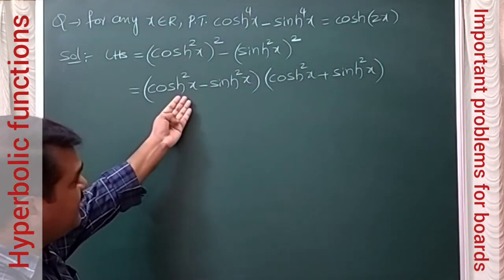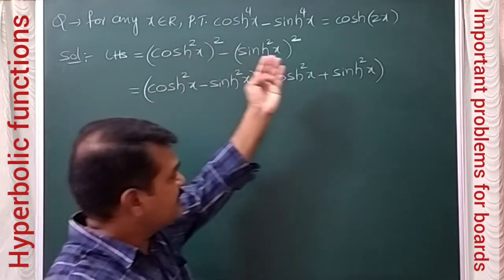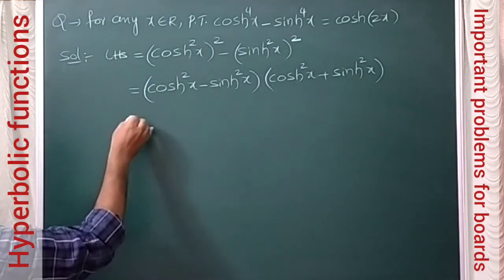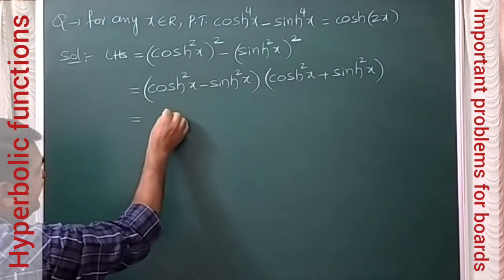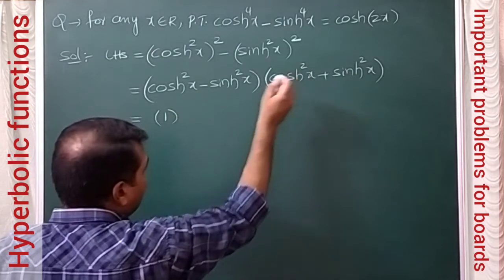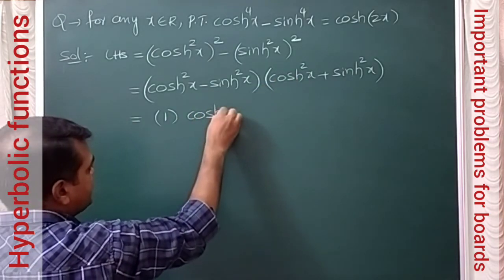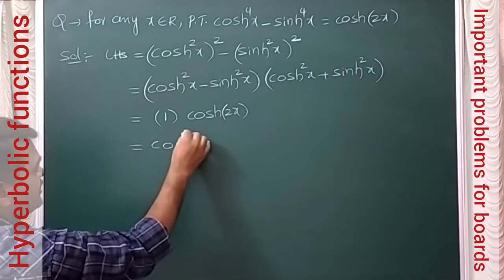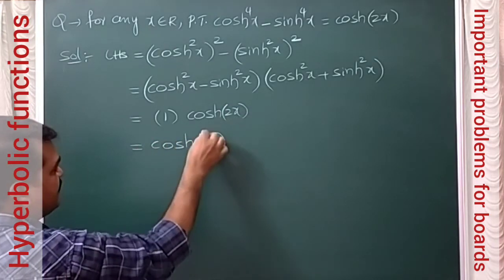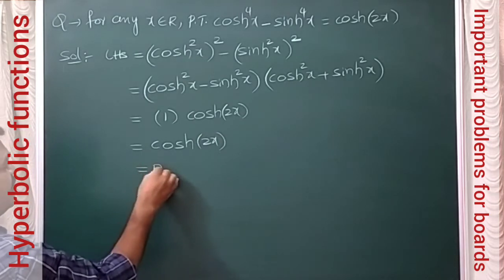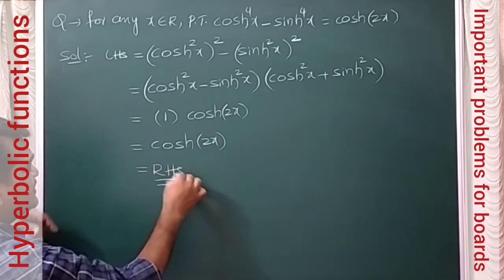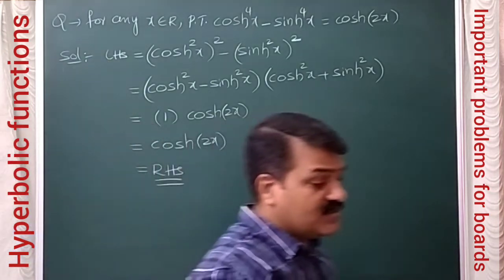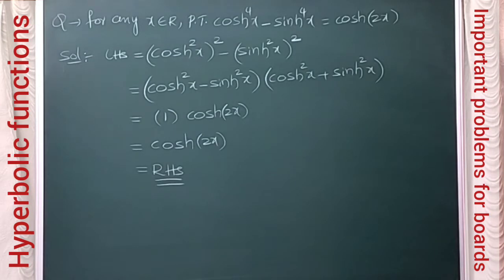This is the identity which is 1, and this is standard formula for cos h 2x. Already we derived in the previous video. So this is identity. This is formula for cos h 2x. So therefore, cos h 2x is the final value which we get, which is equal to RHS. So we started by taking LHS, we got RHS, therefore the proof is completed.